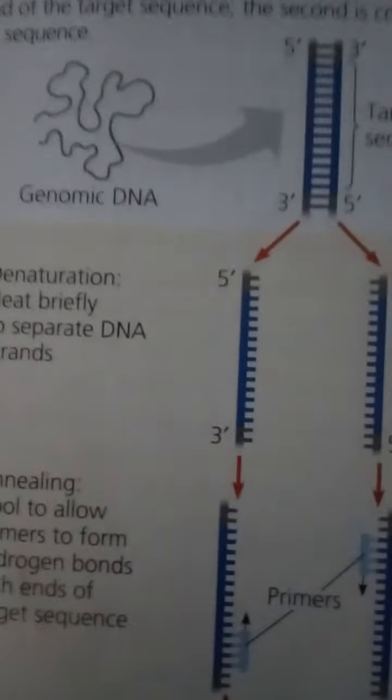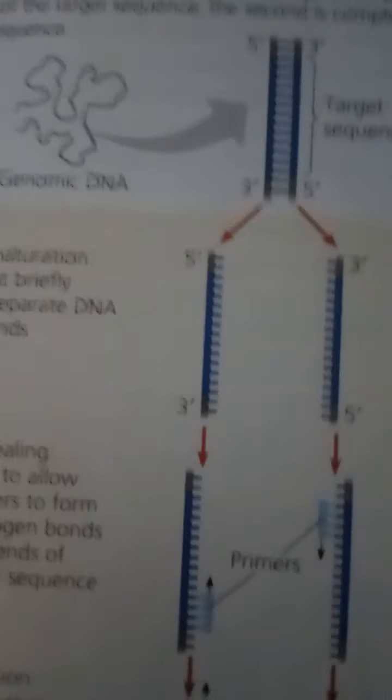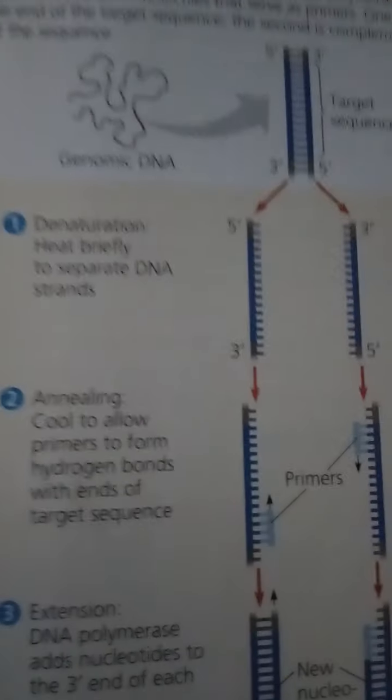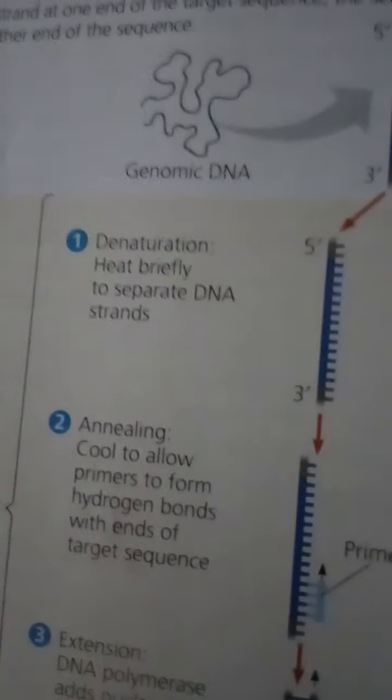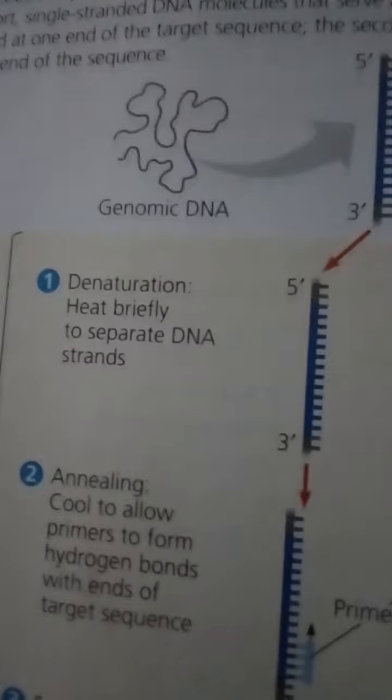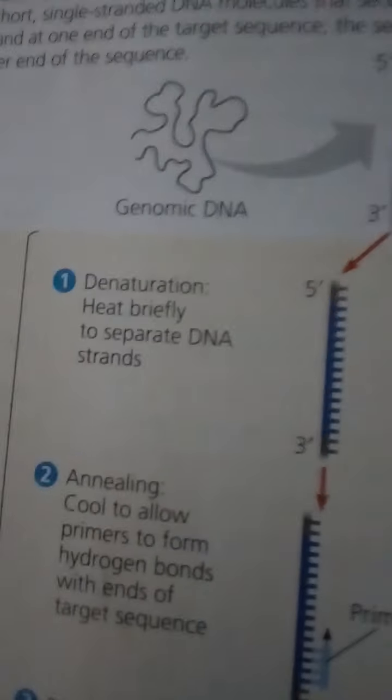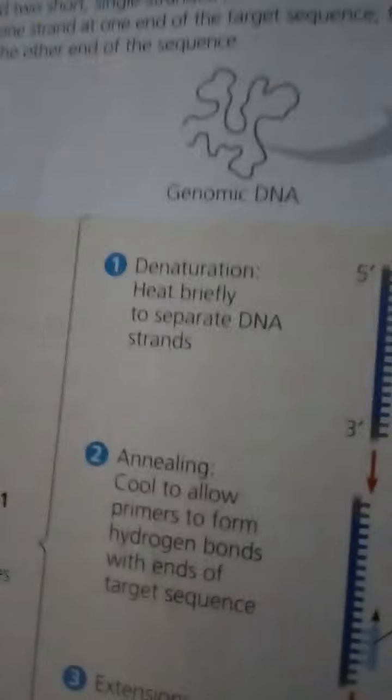A brief electrical pulse applied to a solution containing cells creates temporary holes in their plasma membrane through which DNA can enter. This technique is now commonly used for bacteria as well.